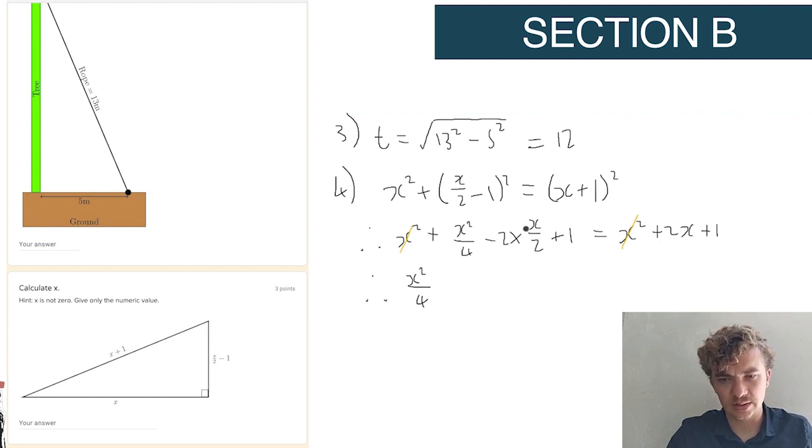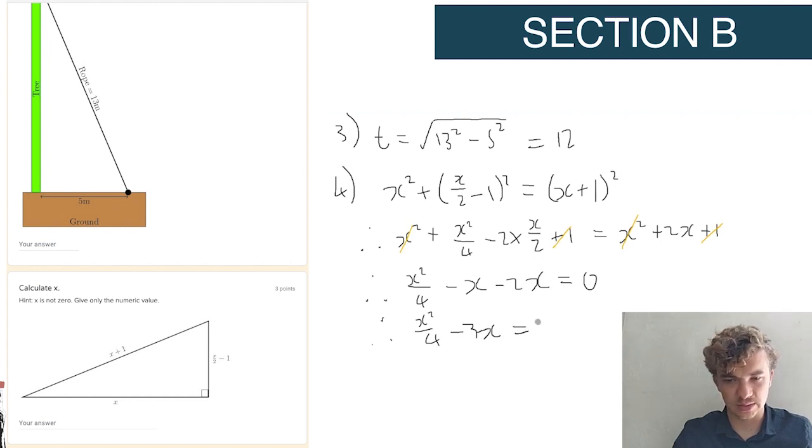We have minus 2 times x, which is just minus x, and then this plus 2x I'm going to take over, it becomes minus 2x, and then we also have a plus 1 and another plus 1, which will definitely cancel out, and then I'll set everything equal to 0. Okay, so now we have x squared over 4 minus 3x is equal to 0.